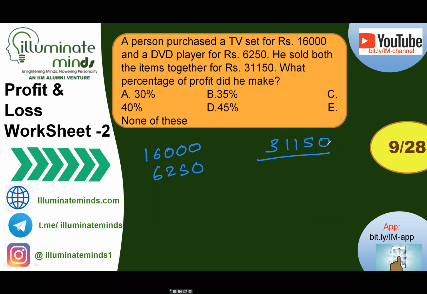So what's the profit? It's a pretty simple question, isn't it? So 31150 divided by 22250. Again I'm doing the same thing, selling price by cost price. So this will become 1.4. 1.4 reflects that the profit percentage is 40%. Is this okay, guys?